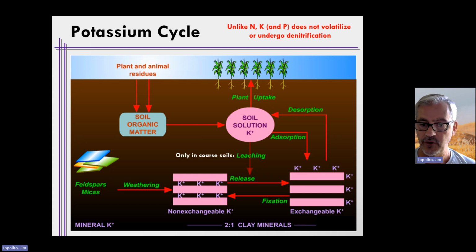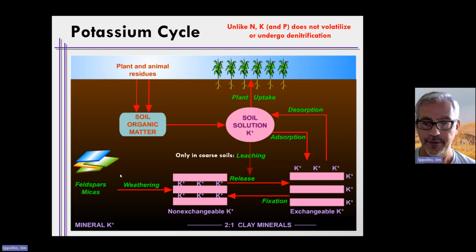And when these 2-to-1 type clays that contain non-exchangeable potassium expand because of wetting, potassium can be released and ends up on the exchange sites on the outside of the clays. So where does potassium come from that's in the interlayer? Well, that potassium comes from the weathering of mineral phases that contain potassium in our soils.